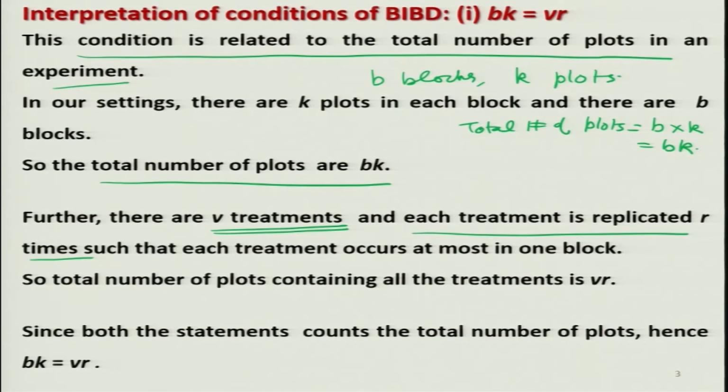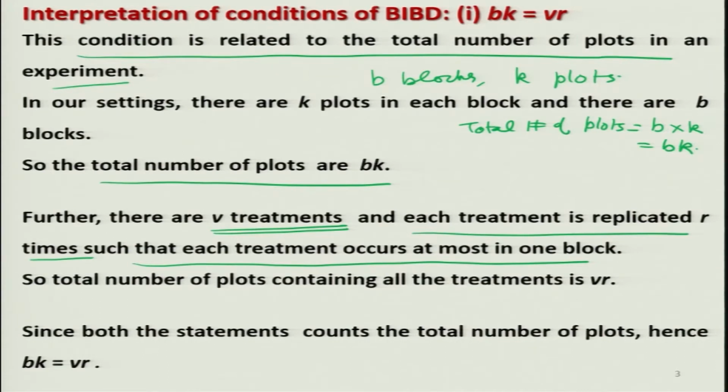So these v treatments are given to the blocks in such a way that each treatment is replicated r times, such that each treatment occurs at most once in a block.